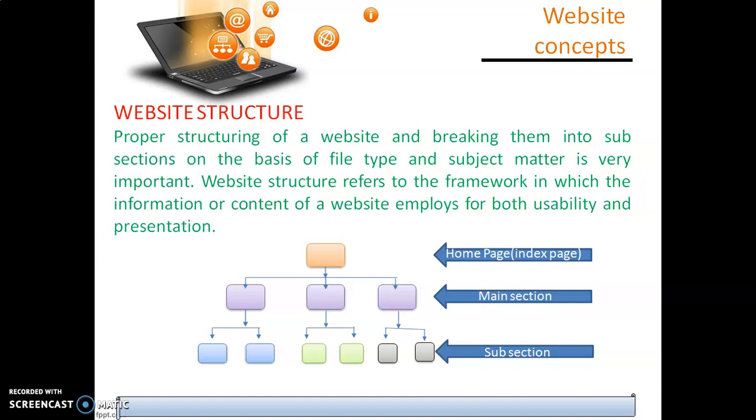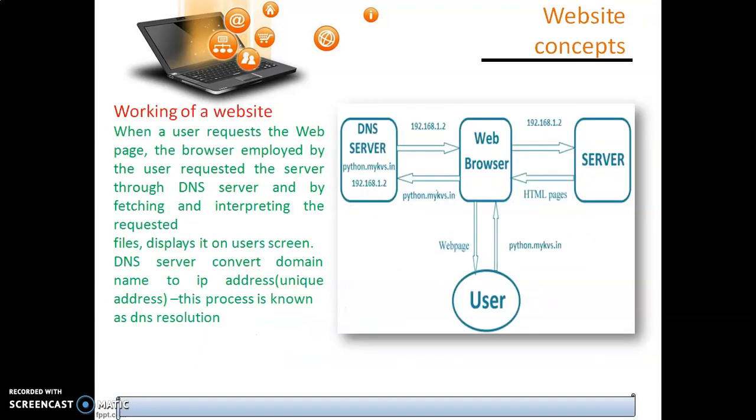So it is necessary to have the home page, then the main sections, and in the main sections the subsections placed accordingly. Website structure refers to the framework in which the information or content of the website is employed for both usability and presentation. Means it will be user friendly, usable and presentable.